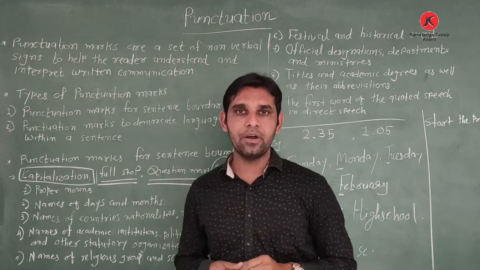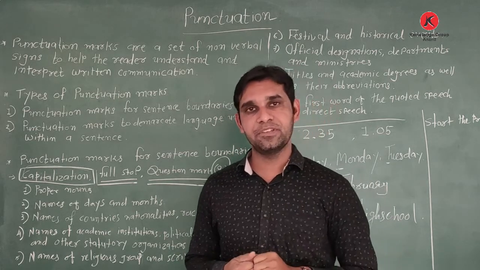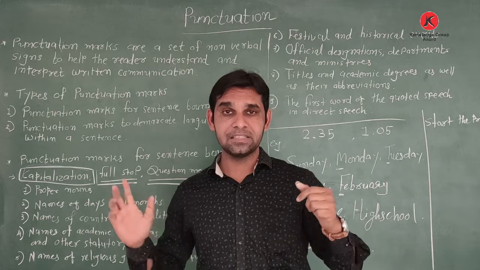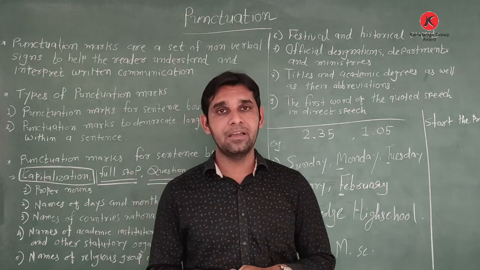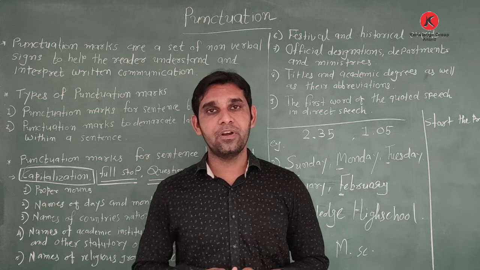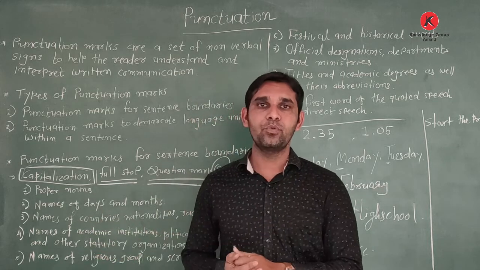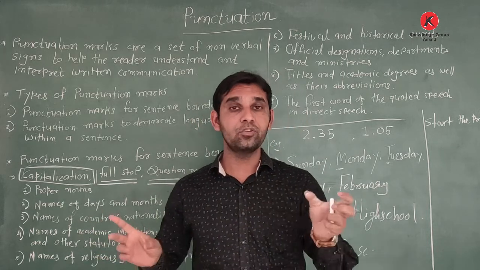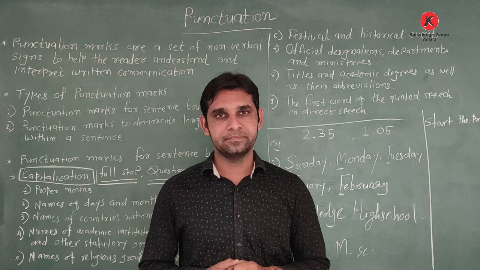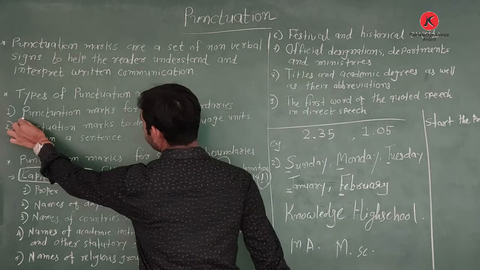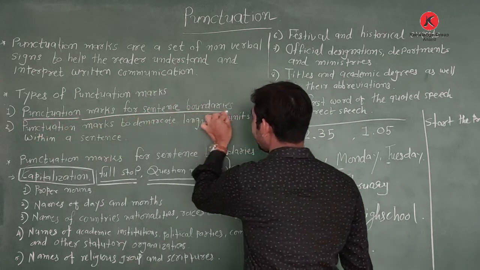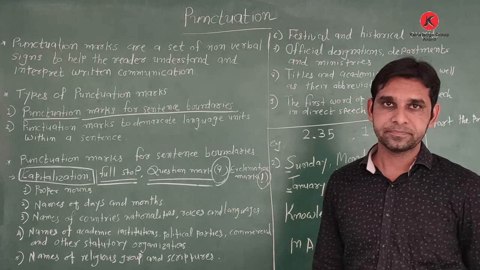After the word wow we write the exclamation mark, or else we do not use it after the interjection, and put it after the sentence according to the given speech. So this is the information about the first group, punctuation marks for sentence boundaries.